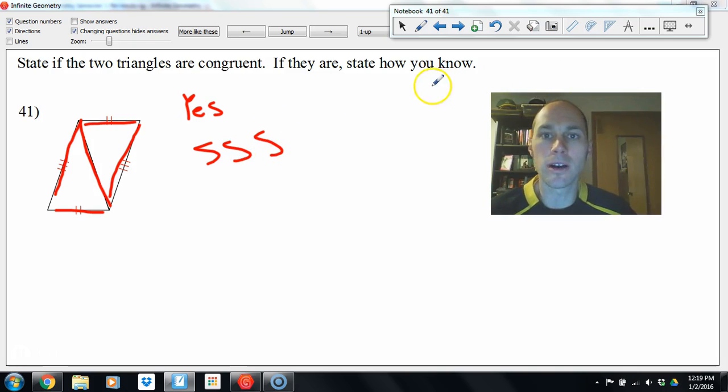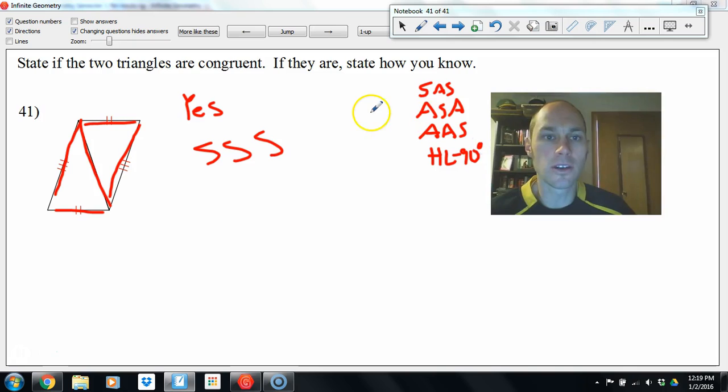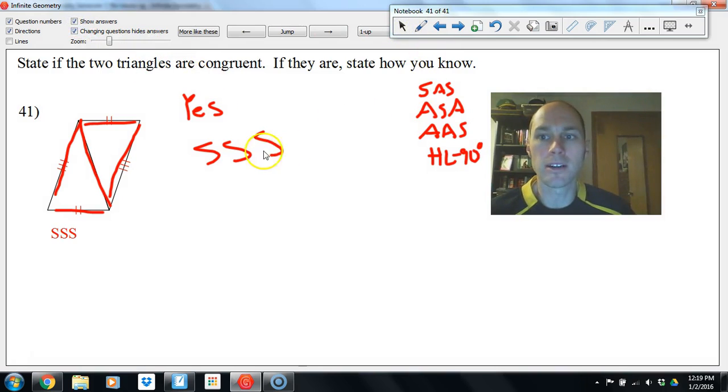Remember, the other ones we know are side, angle, side; angle, side, angle; angle, angle, side; and hypotenuse leg with a 90-degree triangle. So those are the congruent statements that we've looked at. This one in particular is SSS.